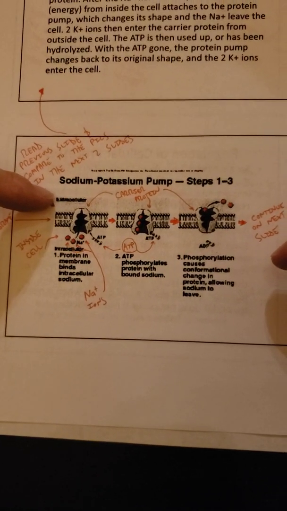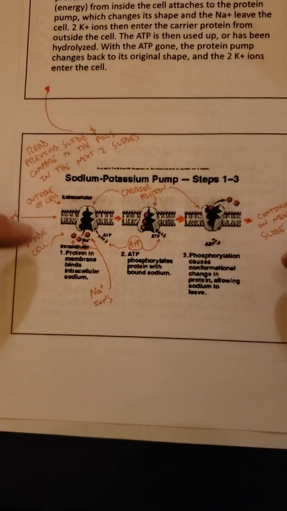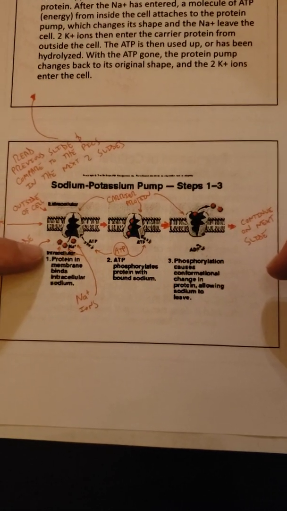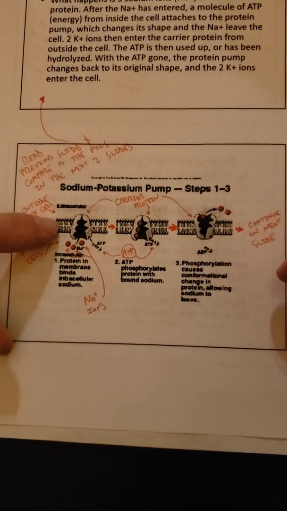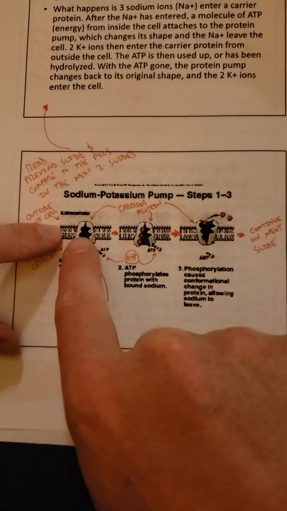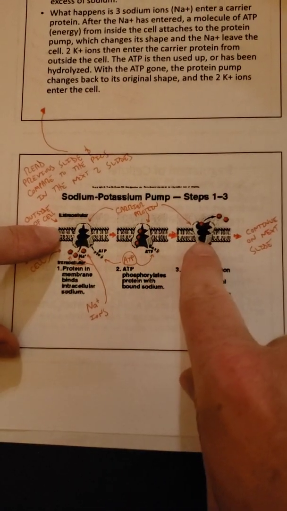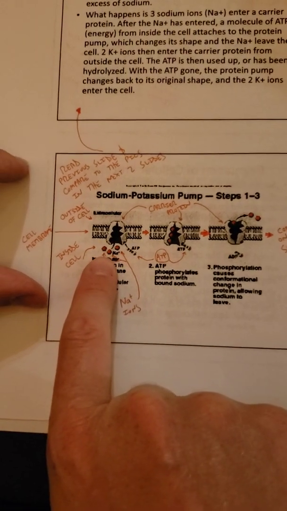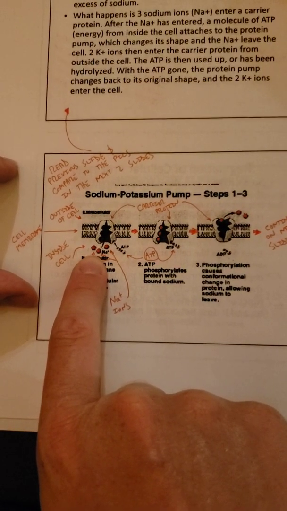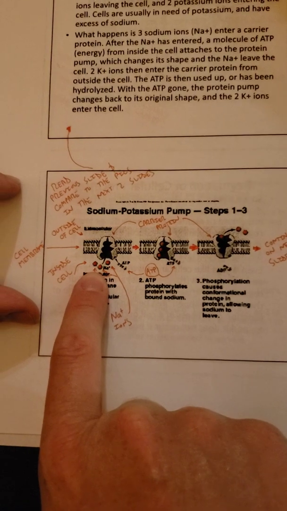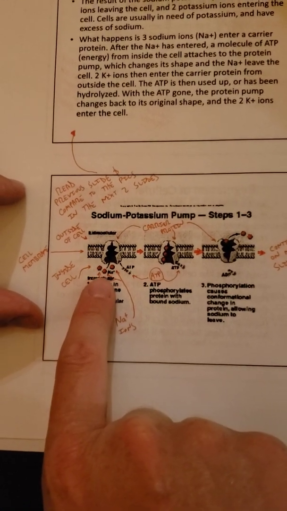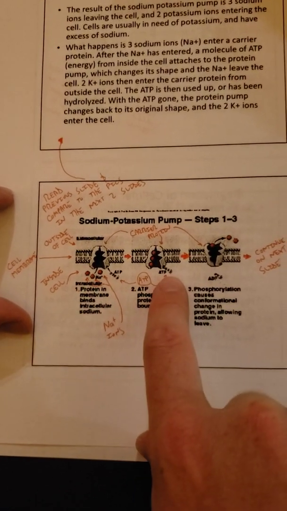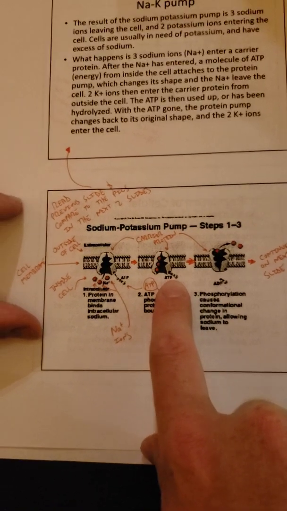It says extracellular and intracellular. So this is the outside of the cell. That's the inside of the cell. This is the cell membrane. This little bell-shaped thing that changes shape, that's the carrier protein. And these little red dots, I think they're yellow on the PowerPoint, those are sodium ions. And then that's an ATP molecule that attaches to the carrier protein.